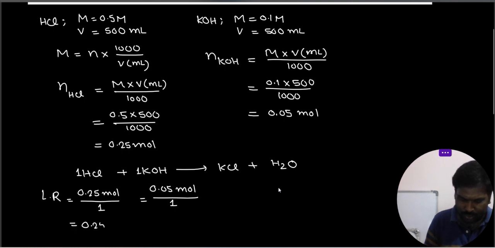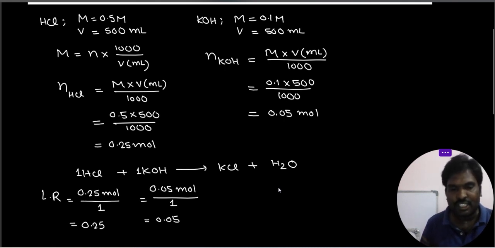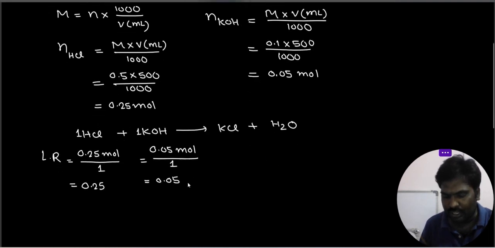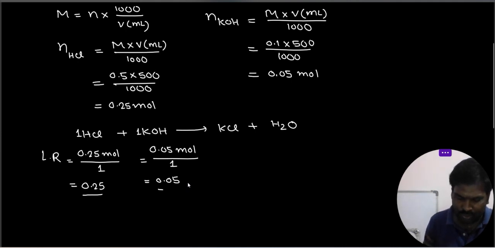Then 0.25 by 1 is 0.25, and 0.05 by 1 is 0.05. The lower amount is completely consumed in the reaction first. So between 0.25 and 0.05, which is lower? 0.05. This is the low amount, so it is the limiting reactant.